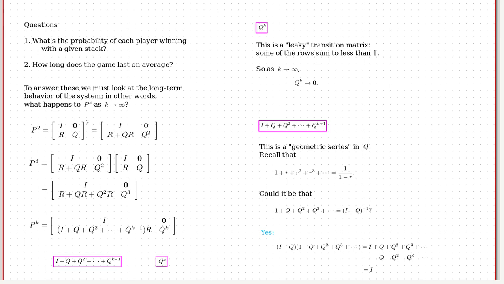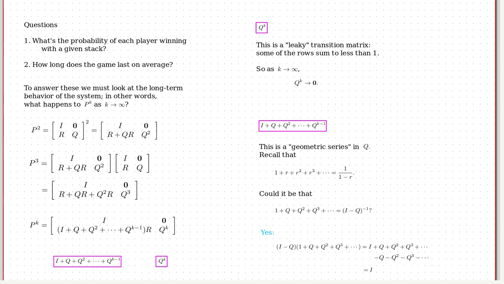X could have $1, $2, or $3, but nevertheless, each one would have an associated probability of each player winning, and it might be interesting to calculate those. Another type of question we might ask is, on average, how long does the game last? How many rounds does the game continue before one of the players gets all the money? These are both questions we'll be able to answer by analyzing the transition matrix in canonical form.